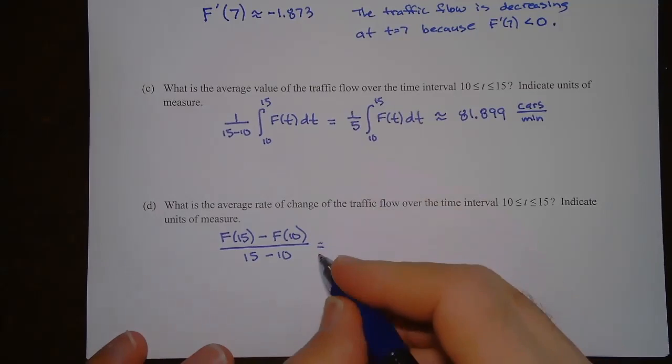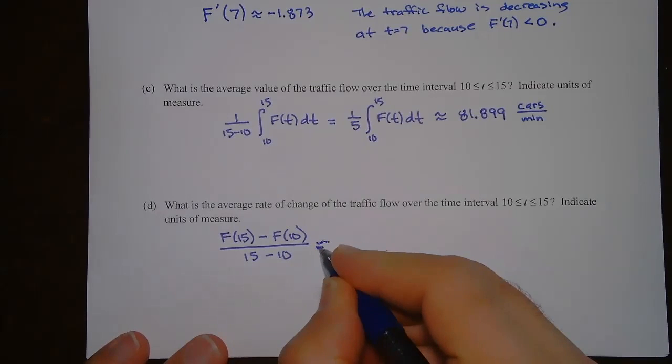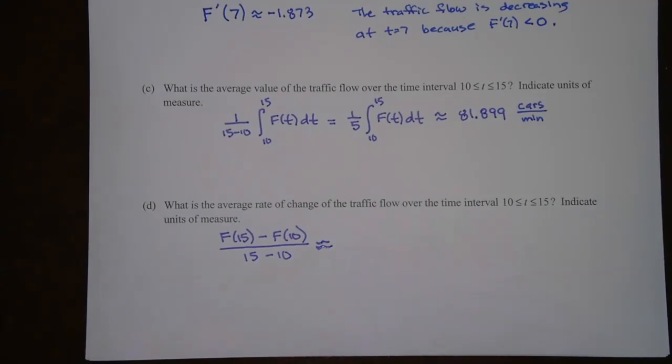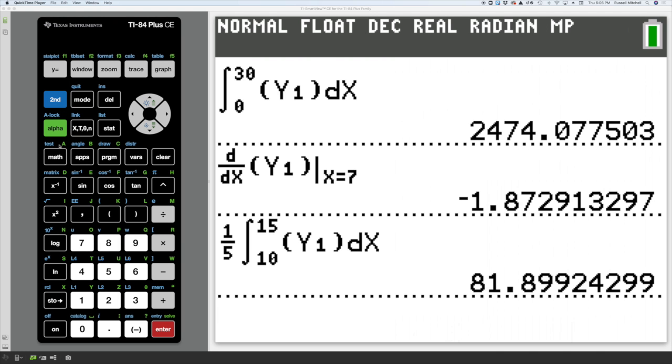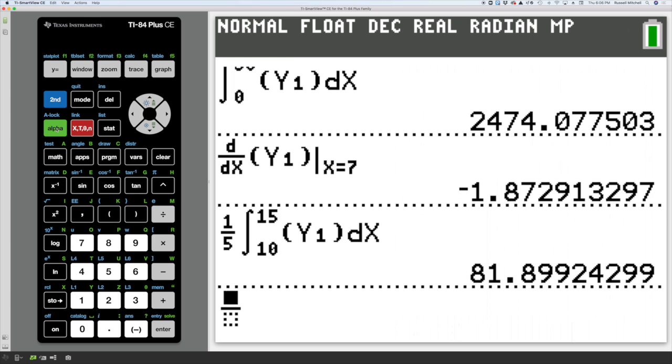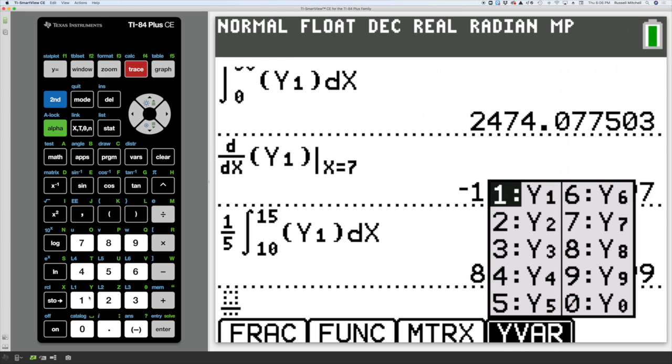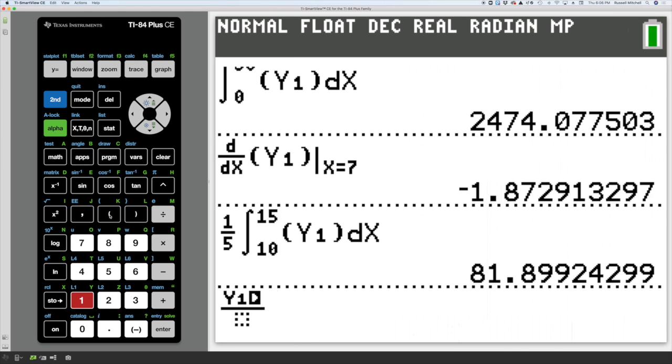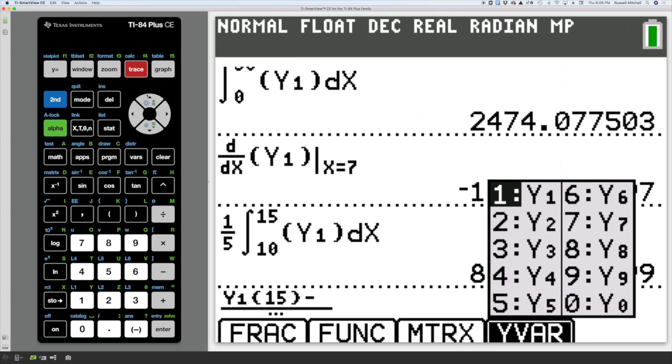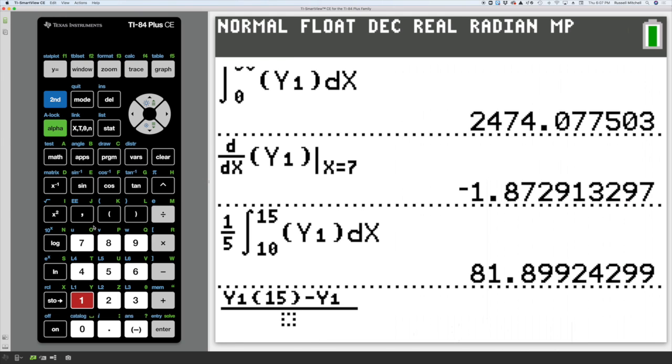And actually, I shouldn't be putting equals here, I should be putting approximation, okay? All right, so now let's go to our calculator. So we want to press alpha and then X to get the fraction bar, and then alpha trace number 1 at 15, and then minus, and then alpha trace number 1 at 10.